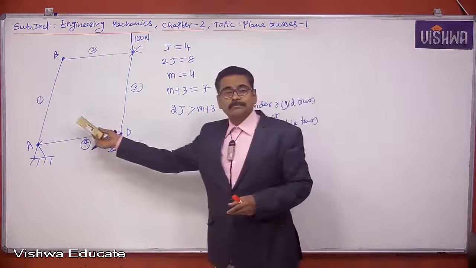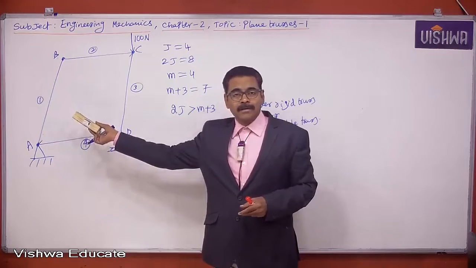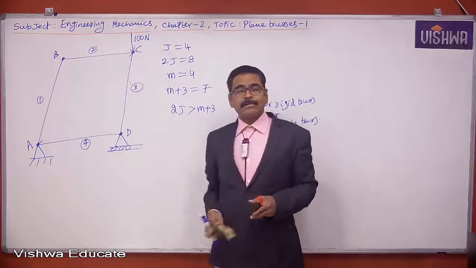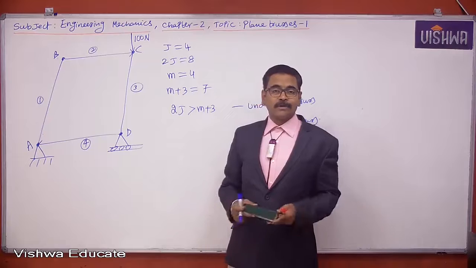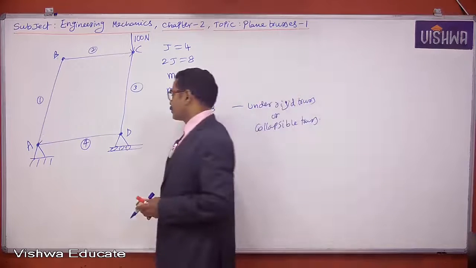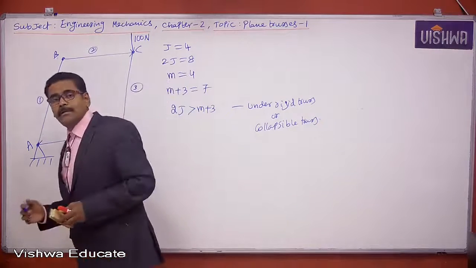In this truss, the load carried by any member will be 0 because when you apply this load, this truss will collapse. After the truss collapses, what is the load, what is the member? So this is collapsible.